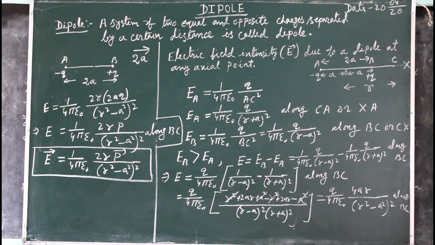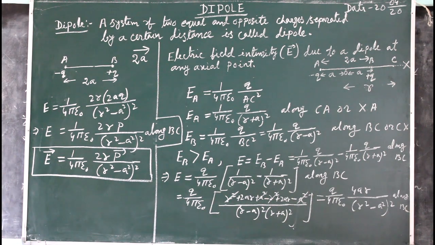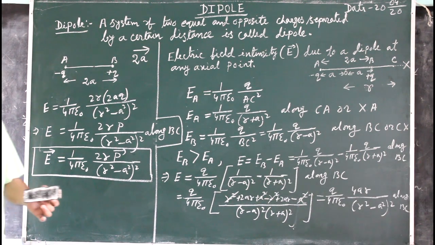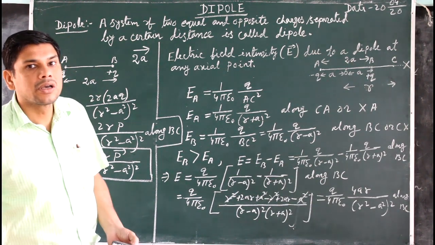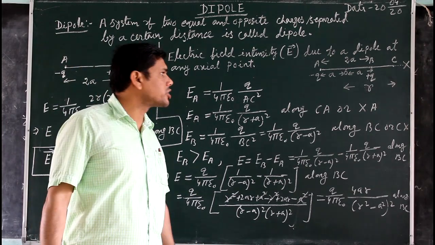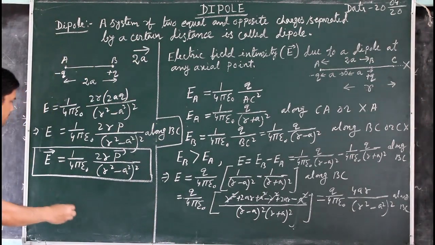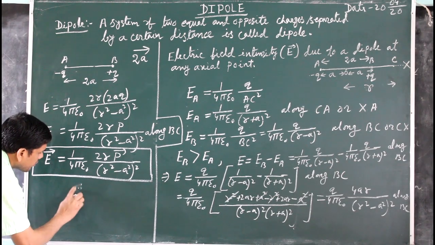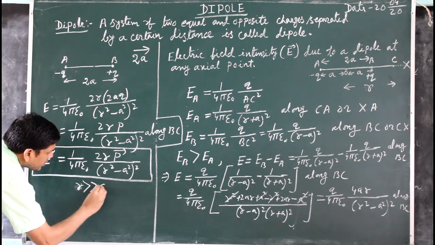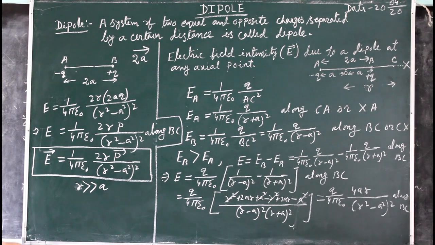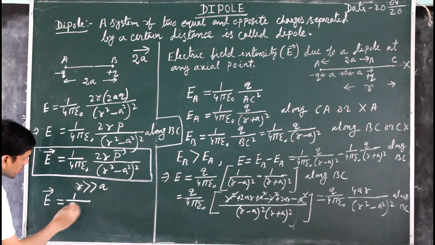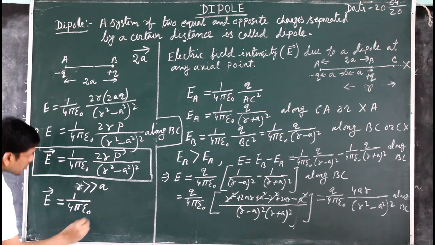Now one condition may arise: if the dipole moment is very small, or for a short dipole, it means the dipole length is very small compared to the distance of the axial point. It means if r is greater than a, then what is the electric field intensity? So then electric field intensity will be vector E equal to, for a short dipole, 1 by 4 pi epsilon naught.